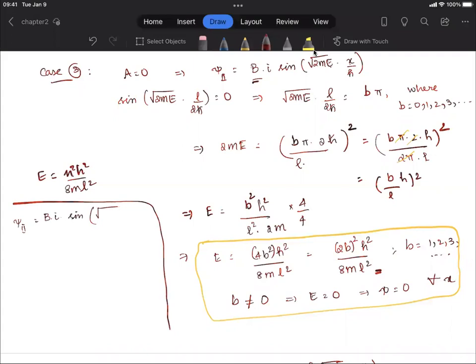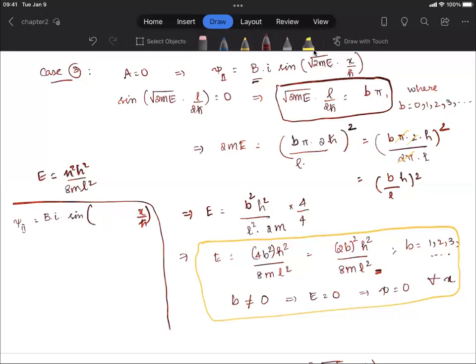So root 2mE can actually be written as B pi 2h bar over L. I'm actually sorry, there won't be an under root.